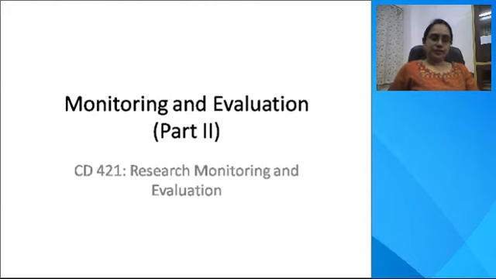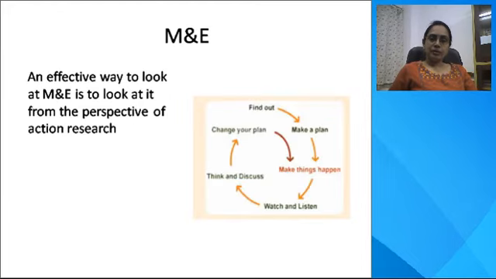Now, when we are talking about monitoring and evaluation, we have to effectively think of it as action research. If you remember, we had already discussed the different types of research, and there we had talked about action research. So what is action research? Action research is research which is done in order to solve an immediate problem.